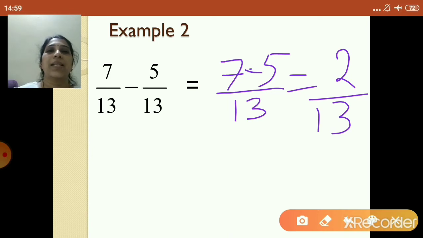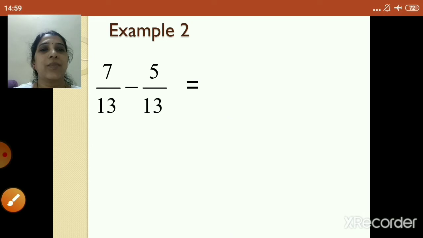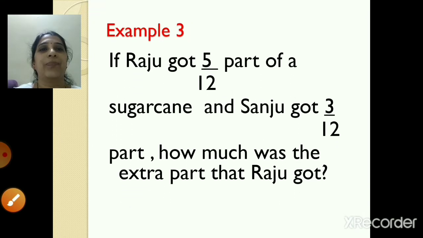So you got the answer as 2 upon 13. Now let's move to the next example. Next is a word problem. If Raju got 5 upon 12 part of a sugar cane and Sanju got 3 upon 12 part, how much was the extra part that Raju got?